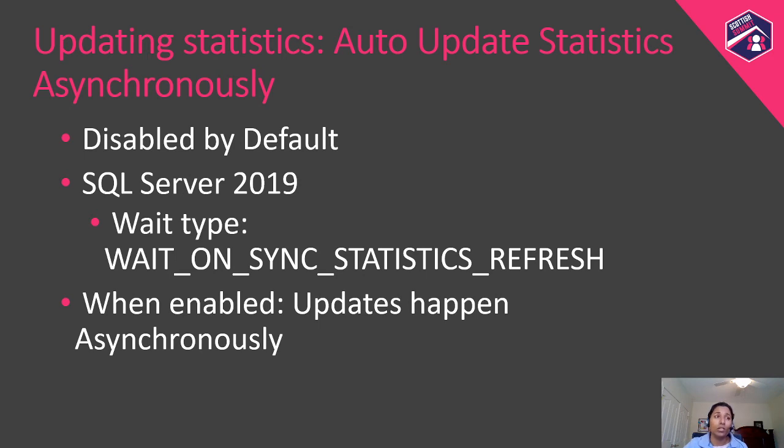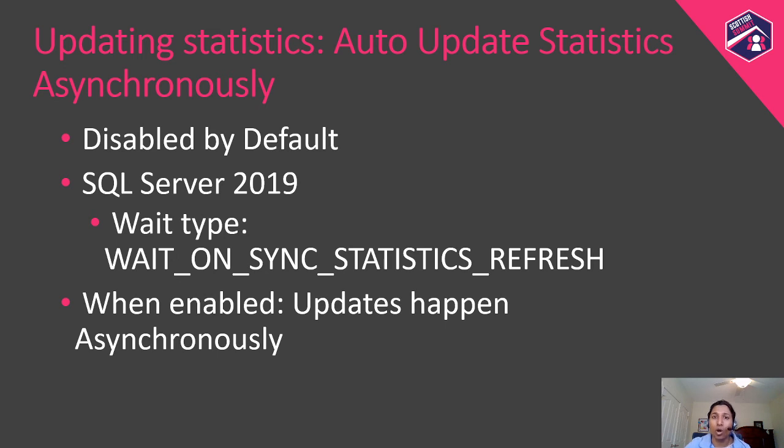Users are waiting in line until these stats are updated, because whenever a user runs a query that is using outdated stats, that user has to wait until the stats get updated and a new plan gets generated, and then use that new plan for the query the user is sending, right? It might take a while, but usually it should not cause any problem. But if that is a problem for you, then this is an option for you, auto update stats asynchronously.